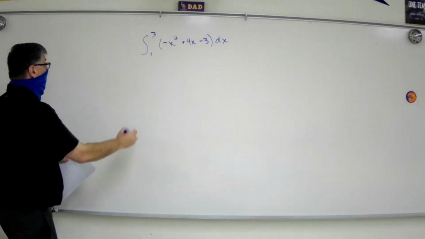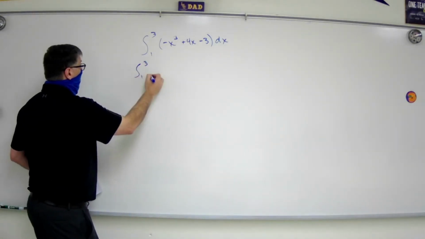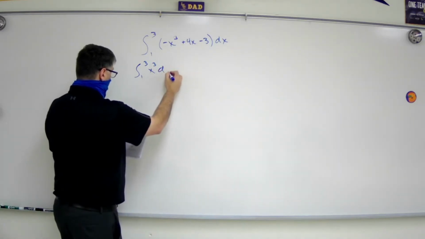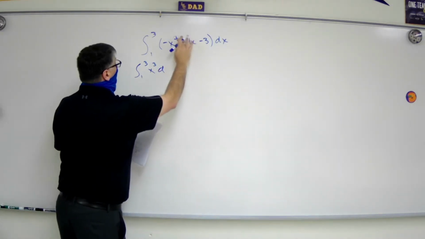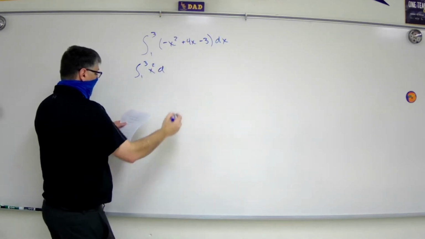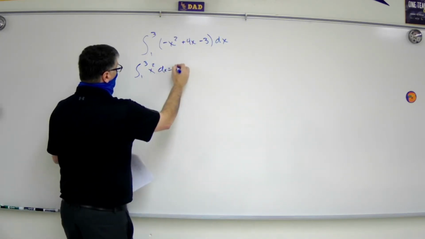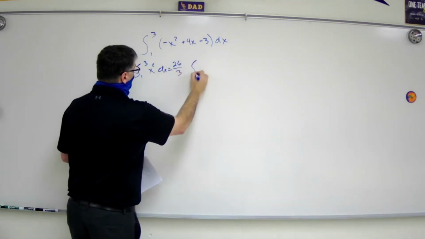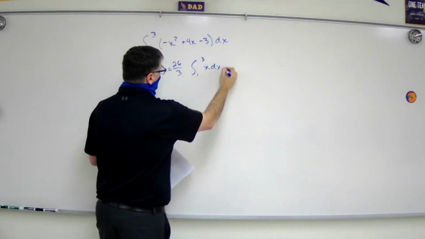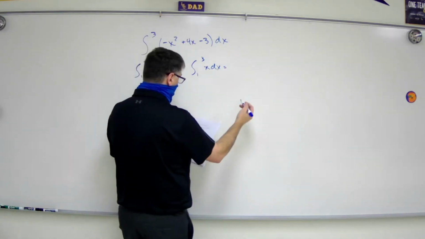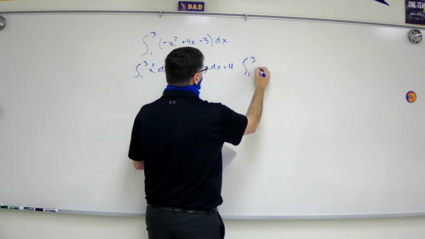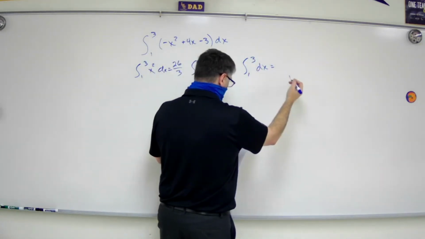But I can tell you the integral from 1 to 3 of x cubed dx, oh no, it's x squared, my bad, equals 26 over 3. The integral from 1 to 3 of x dx should be 4. And the integral from 1 to 3 of dx should be 2.